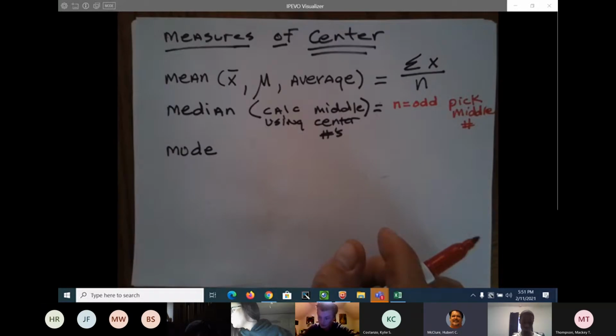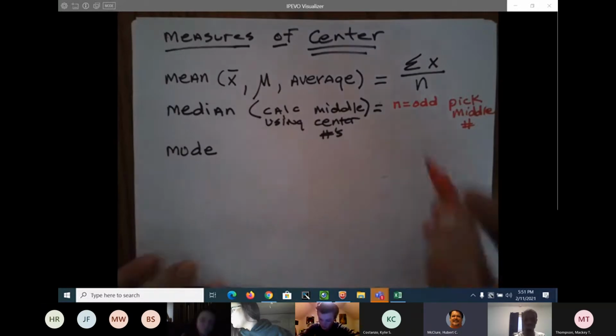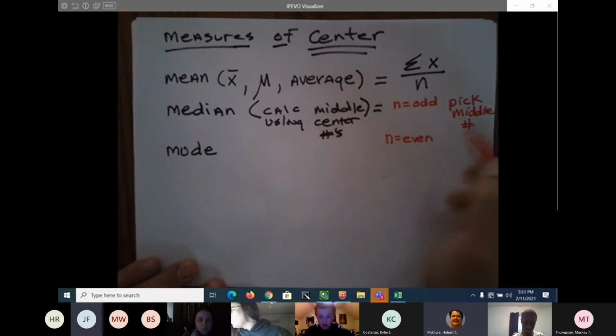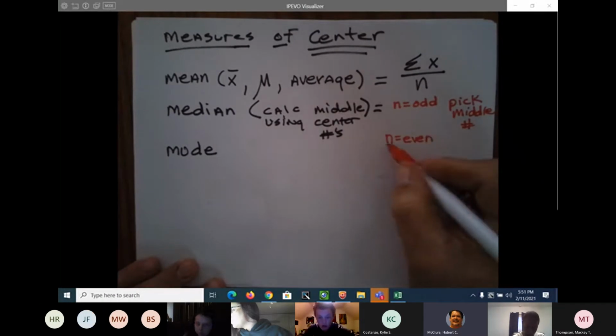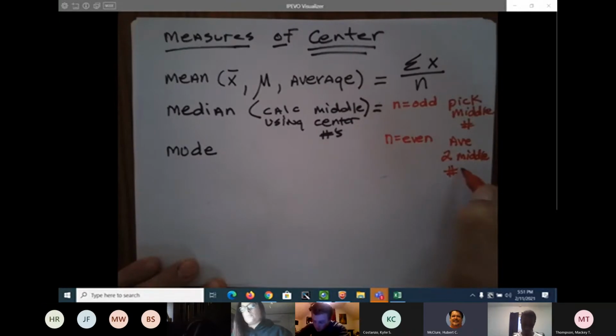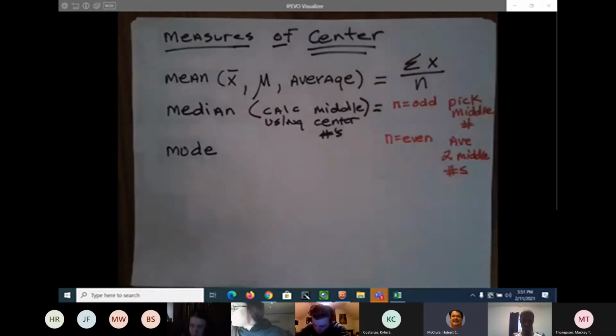Does anybody know what happens if n is even? Divide by 2. You average the two middle numbers. If n is even, you average two middle numbers. That means you add them up and divide by 2. We'll do that. We're going to do that.